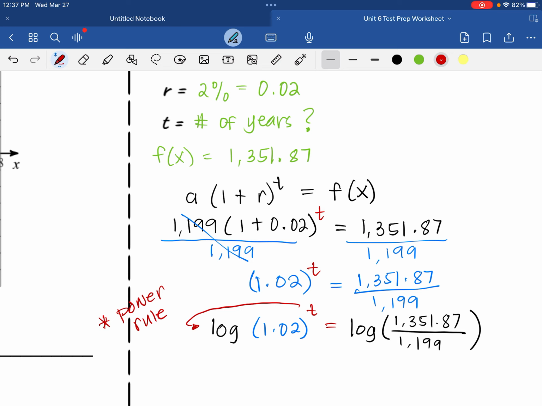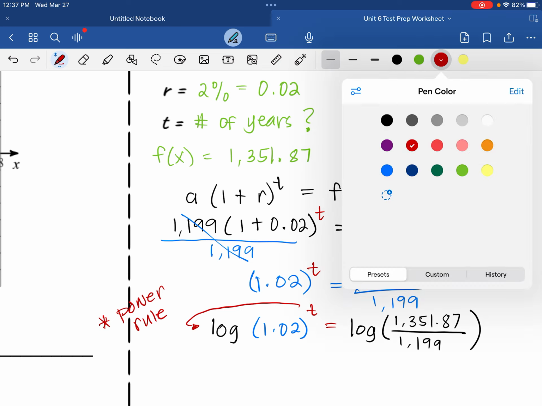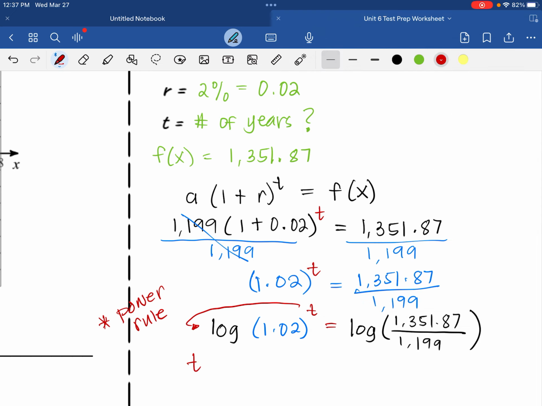It is going to be our new coefficient, but it is a variable. So we're going to say t, a multiplication sign, everything. We are going to drop everything down. So that is going to be log of 0.02. Same thing on this side right here. We're just going to drop log of 1351.87.